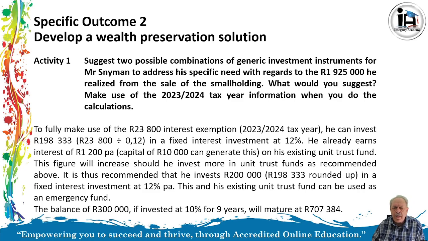The balance of 300,000, that's another 500 minus 200,000, we can invest, let's say, at 10% for 9 years on a fixed investment, and that should give him a return of about 707,384. That's when we do the future value over 9 years at 10% on 300,000, that will arrive at that figure.